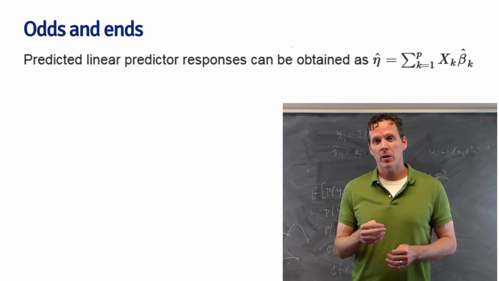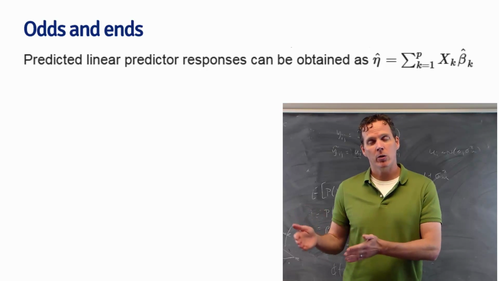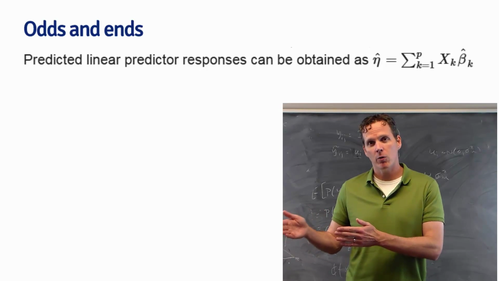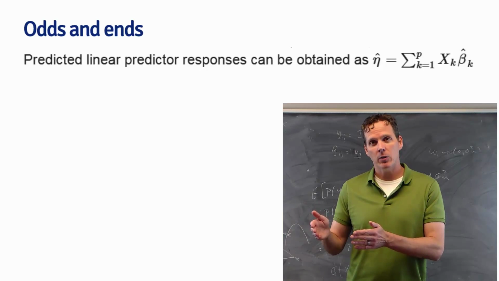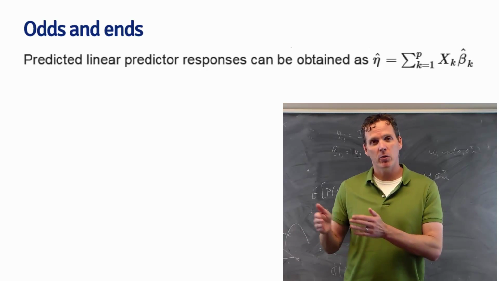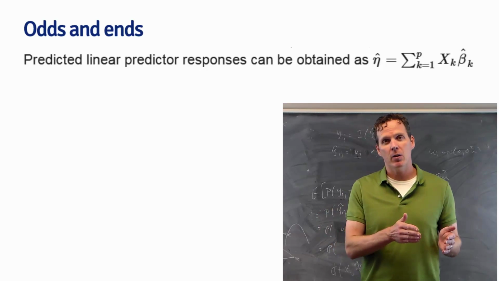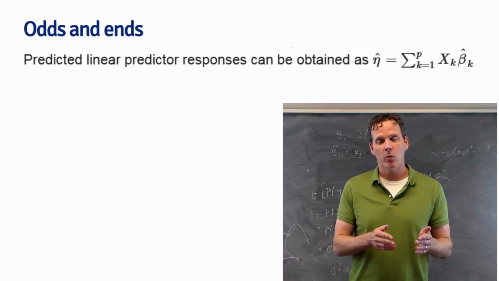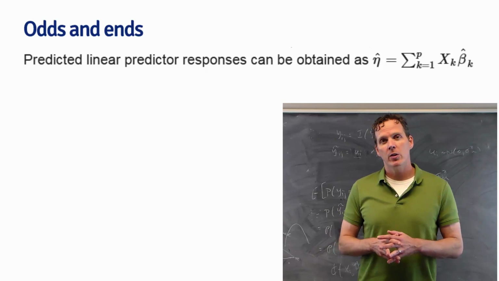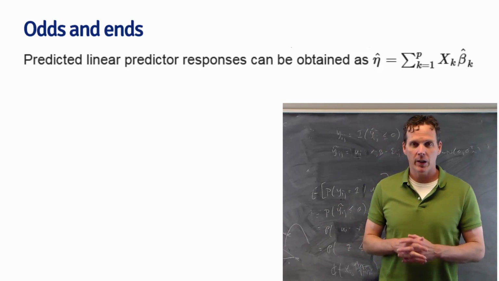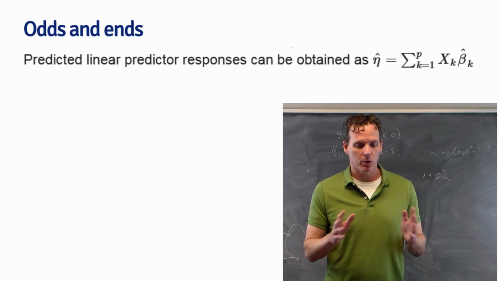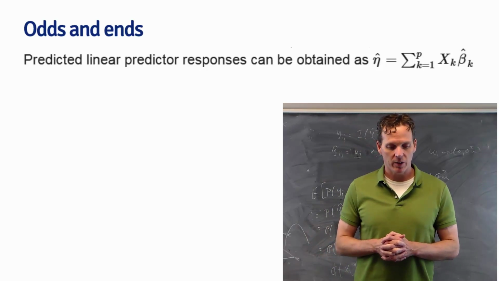So if you're modeling coin flips and you get your regression coefficients out, and you come up with a predicted response, those will be on the logit scale. And if you want them to be back on the scale of the coin flip, between 0 and 1, you're going to need to take an inverse logit. And again, we're going to go through a lot of examples. I just want to outline these facts before we do the examples.